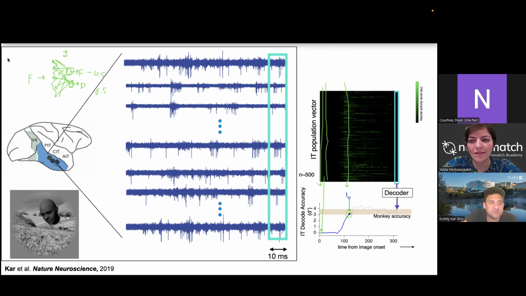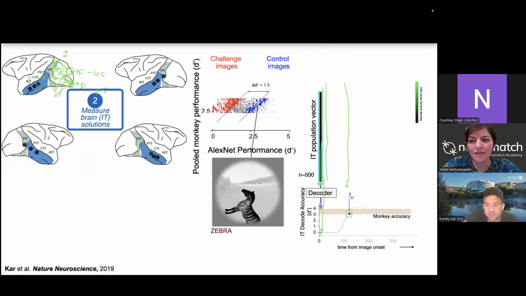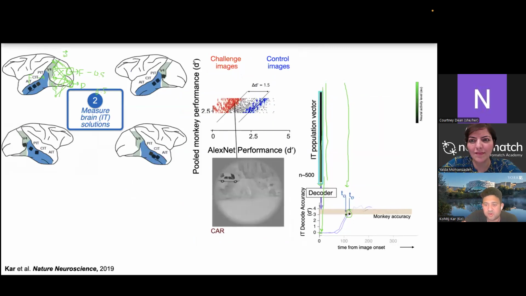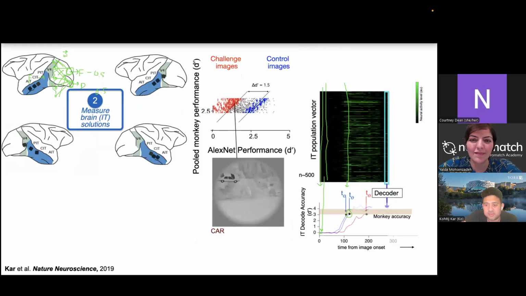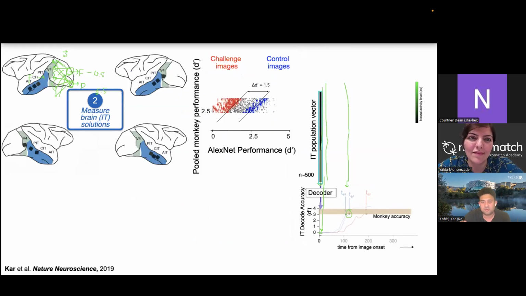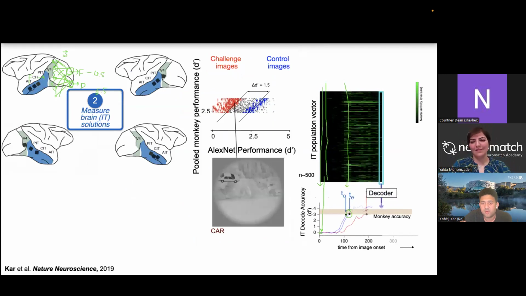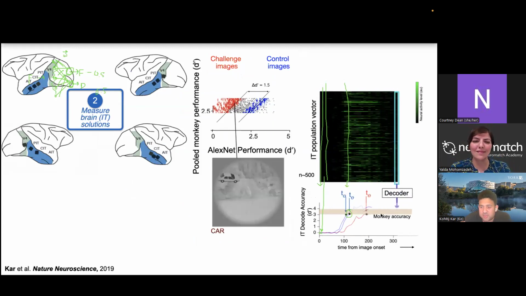Now I'll show you the one for the challenge image. Okay, so now let's look at the challenge image.